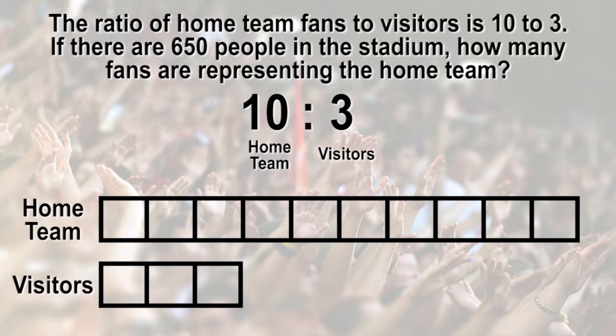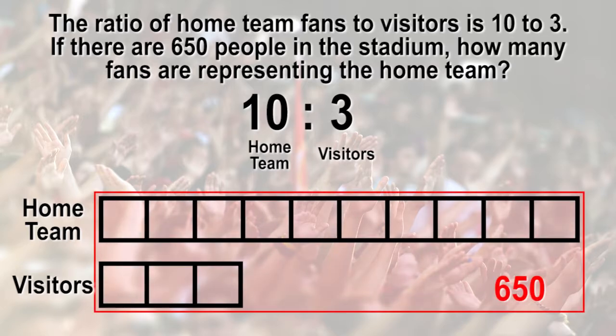If there are 650 total fans, let's label 650 on the side, showing that both parts of our diagram total 650. The problem asks us to find the number of home team fans, so let's put our question mark above the home team fans to remind us the answer we are looking for.